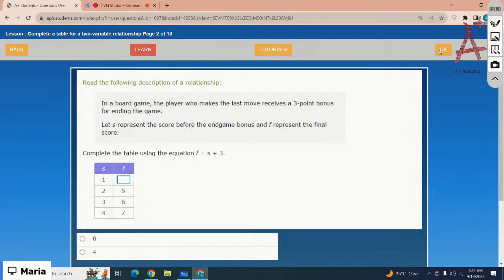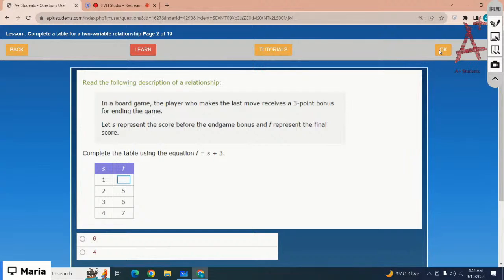Okay, read the following description of a relationship. In a board game, the player who makes the last move receives a 3 points bonus for ending the game. Let S represent the score before the end game bonus and F represent the final score. Complete the table using the equation F equals S plus 3.